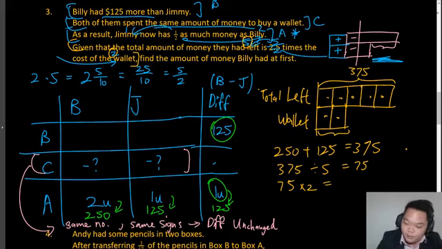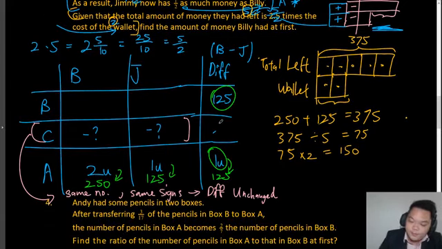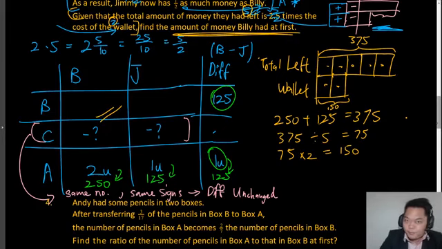Hang on, is my face blocking it? So we've established that the cost of the wallet is 150. You want to find out the amount of money Billy had at first, which is over here. You can organize your information, you can retrieve it more easily. So if this is the case, this is minus 150.